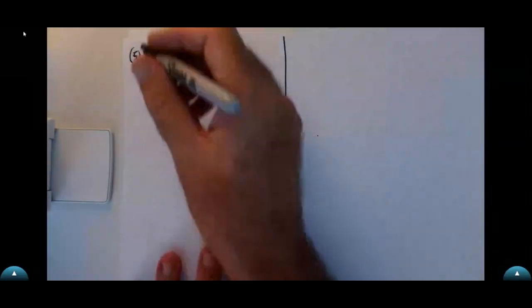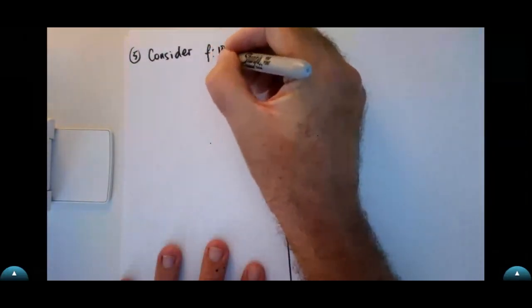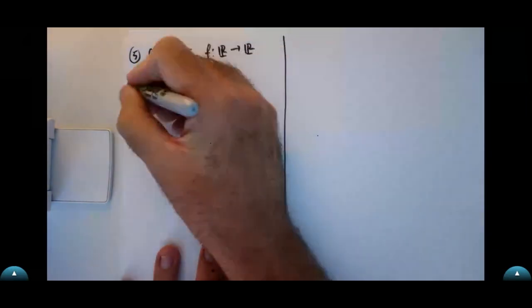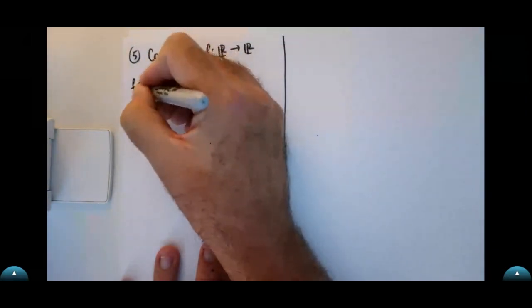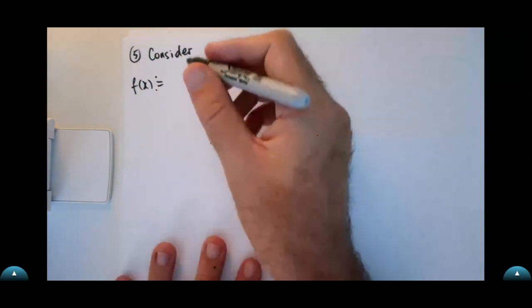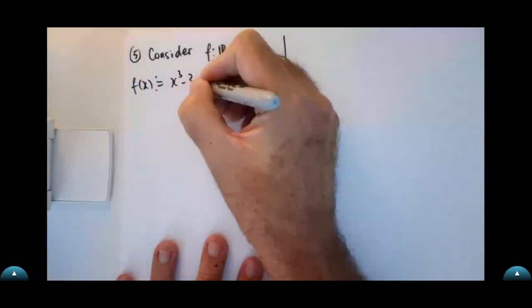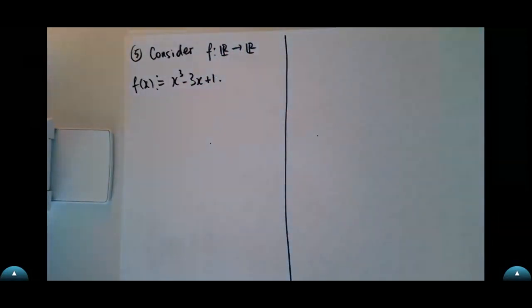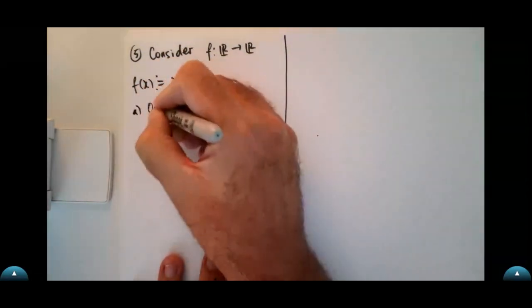So this is question 5. Let's consider the following function. It is x cubed minus 3x plus 1. Okay, and the first part of the question says show that this is not a one-to-one function.